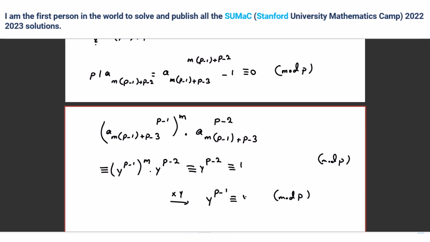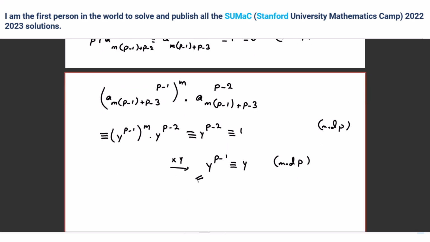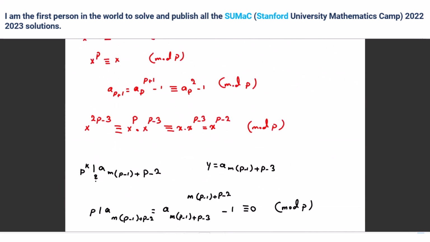Y mod p. I multiply by y. Now, y to the p minus 1 is what mod p? 1 mod p. So we prove that y is 1 mod p. Oh, okay. Okay, now y is 1.